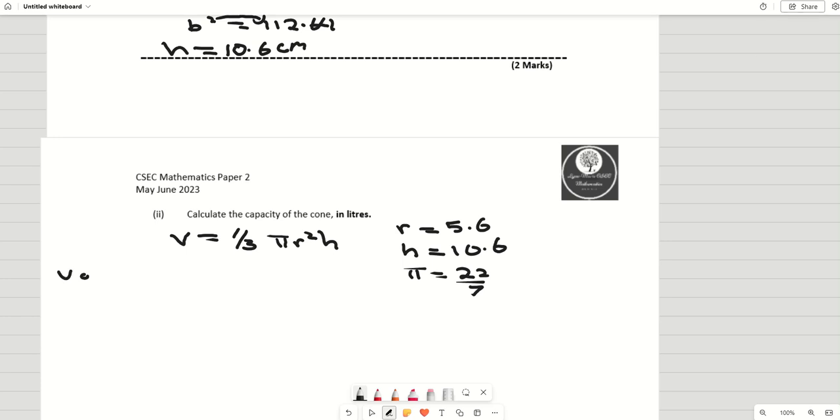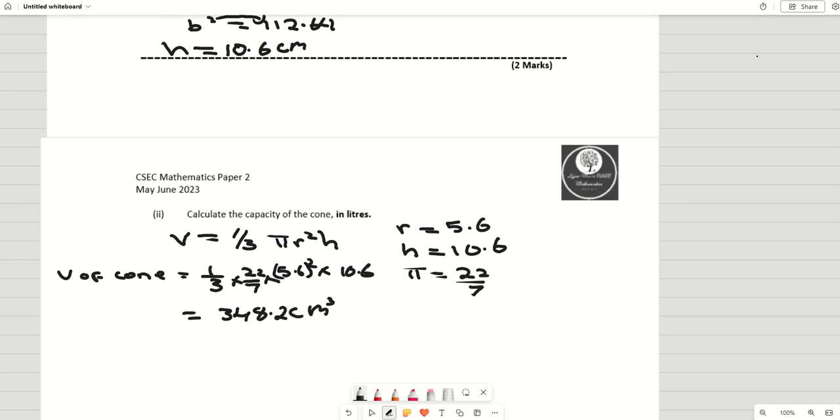So volume of a cone would be a third multiplied by 22 over 7 multiplied by 5.6 squared multiplied by height, which is 10.6. When you put it in the calculator, you get 348.2, because the volume will be centimeters cubed, and this is to one decimal place, right? I approximated to one decimal place one time.